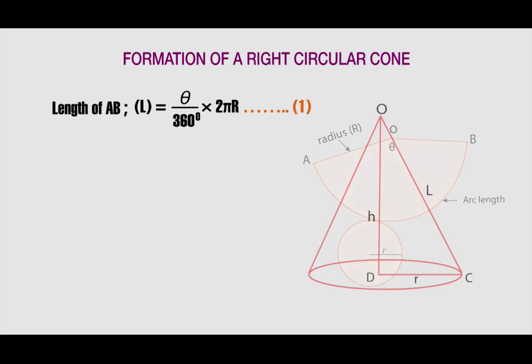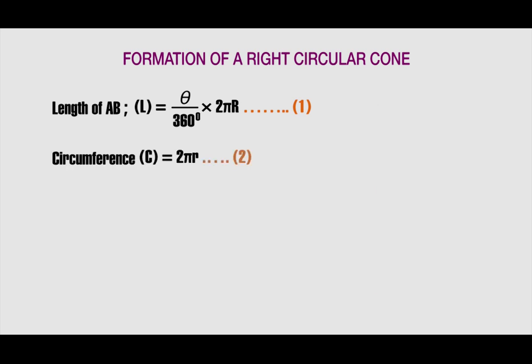Again, since the arc length of sector AOB has become the circular base of the cone in diagram B, it implies that the arc length is equal to the circumference of the circular base of the cone. We also know that the circumference of a circular base is given by 2 pi r. Since the arc length AB is equal to the circumference of the circular base, it means equation 1 is equal to equation 2.